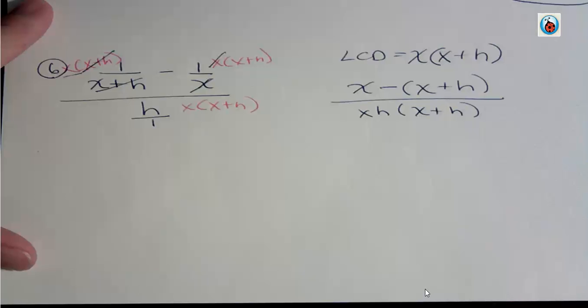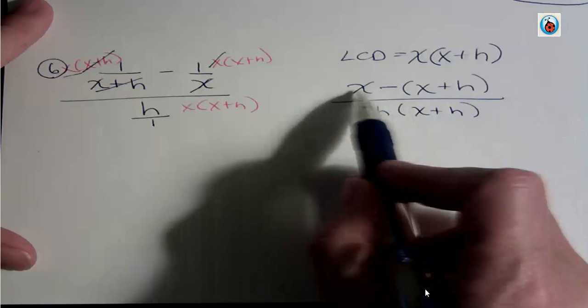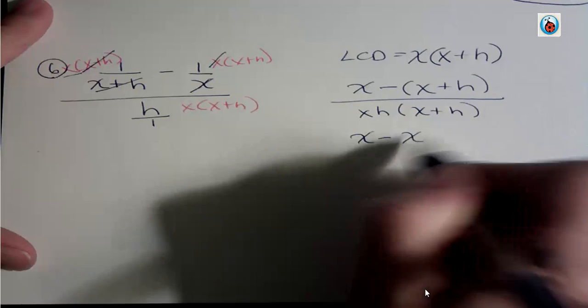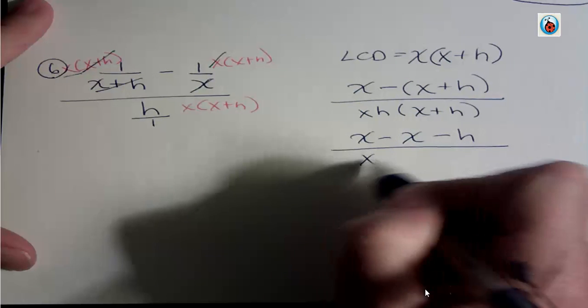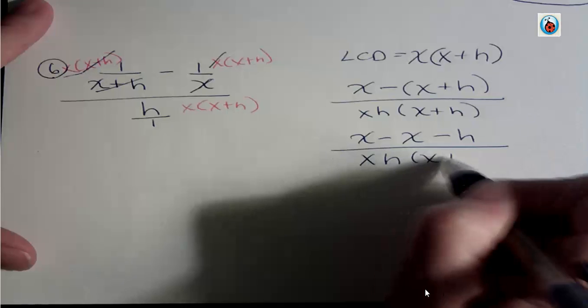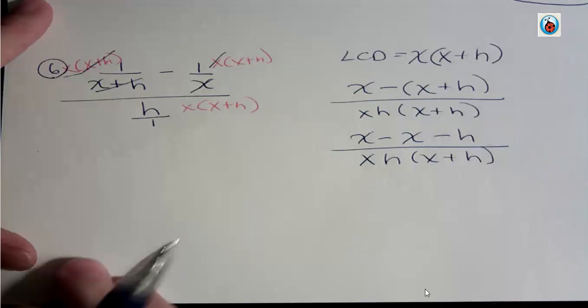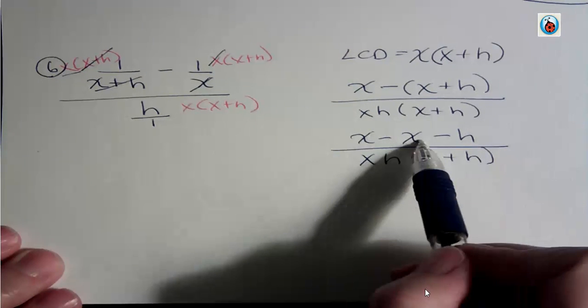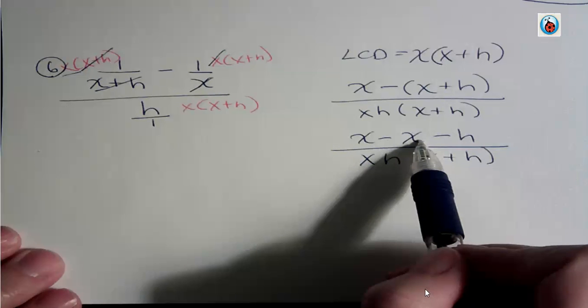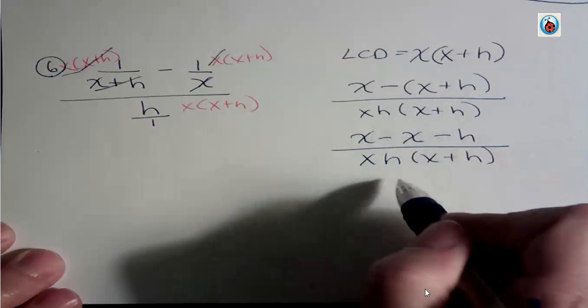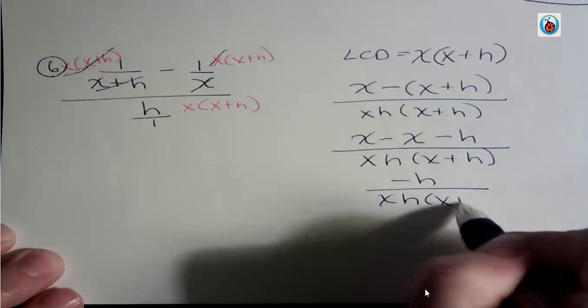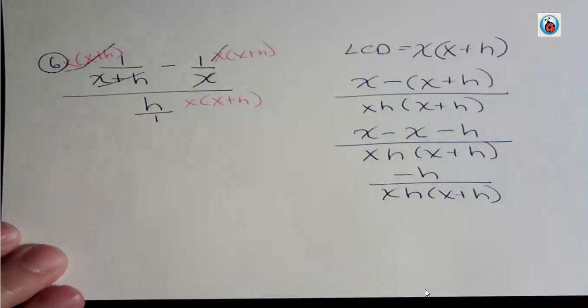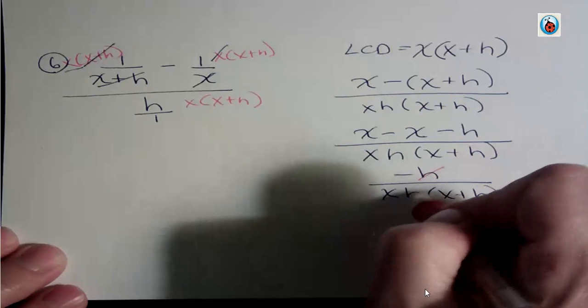What am I going to get on the top? Well, I'm going to get x minus x minus h, and then xh, x plus h. The x minus x, those are opposites or additive inverses. They go away. And so I get negative h over xh, x plus h. And what's going to happen here is that this h is going to cancel that h.